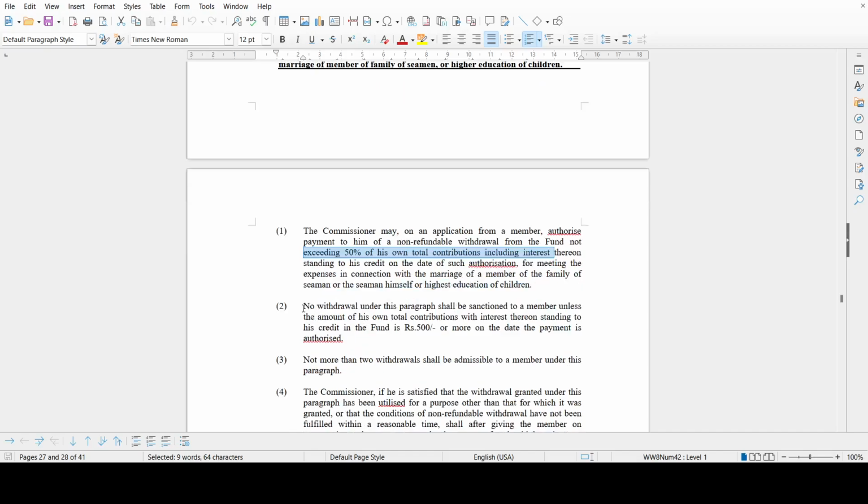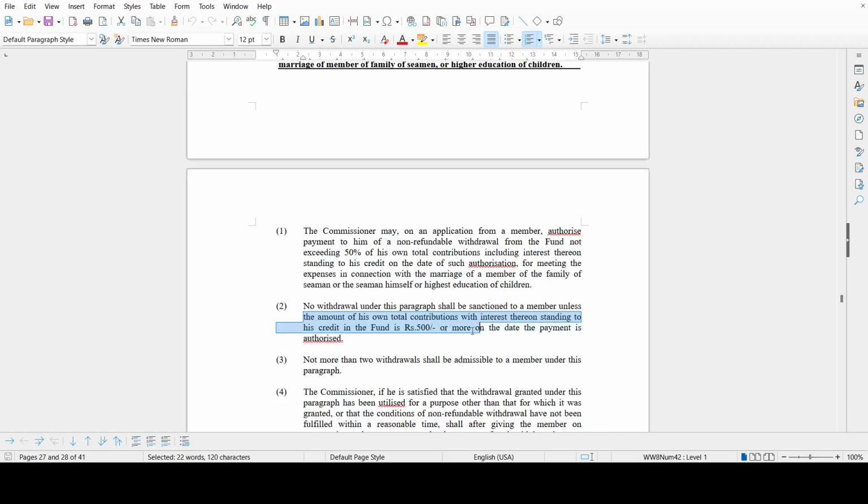And again, for every withdrawal there is a condition on how many times you can apply for the same purpose. Here they have mentioned: no withdrawal under this paragraph shall be sanctioned to a member unless the amount of his own total contribution with interest thereon standing to his credit in the fund is 500 or more.